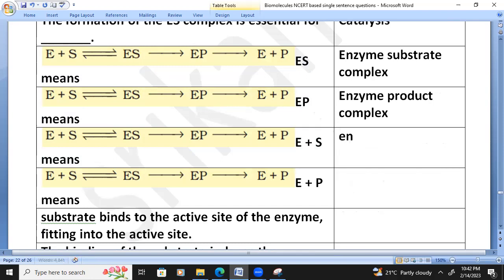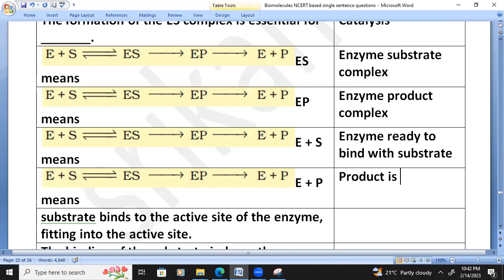E plus S means enzyme ready to bind with substrate. E plus P means product is separated from the enzyme.